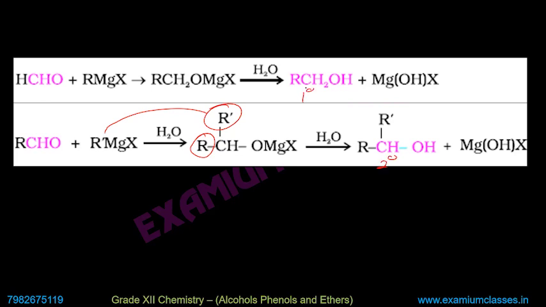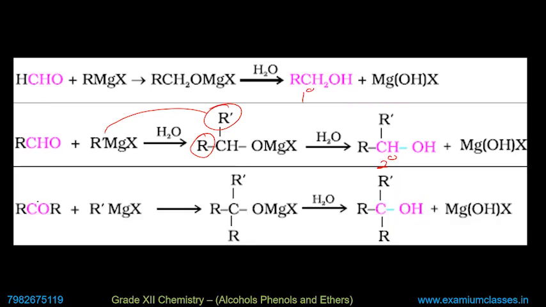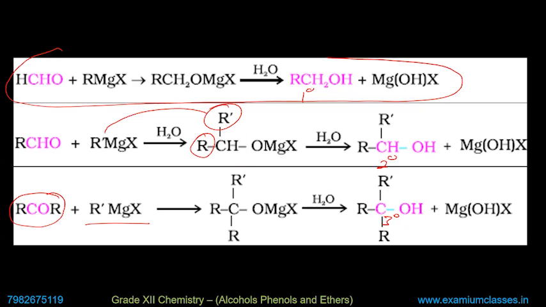Here it will be a 1 degree alcohol. If I have a ketone here and I react it with Grignard reagent, I will get a 3 degree alcohol. So in this question which is asked, we have to use this mechanism, this reaction.